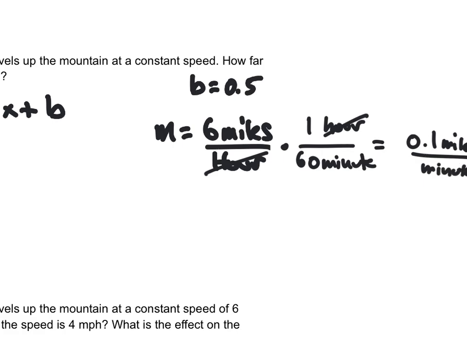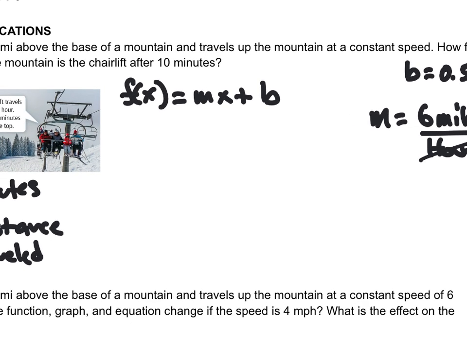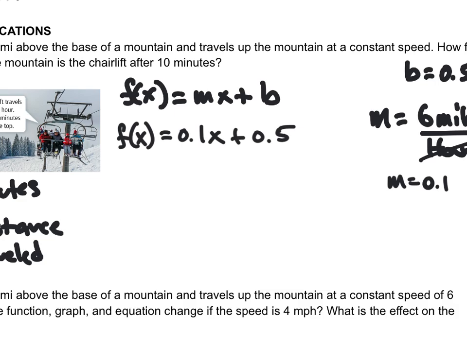All right, and that's going to be our slope. So our slope is going to end up being 0.1. So we can write f of x is equal to 0.1x plus 0.5.